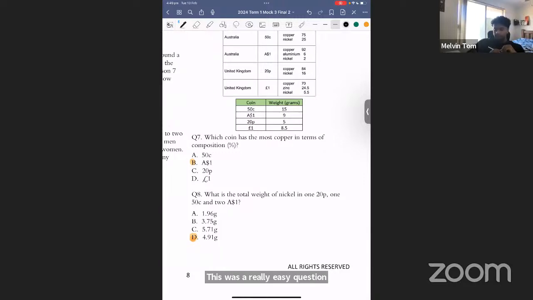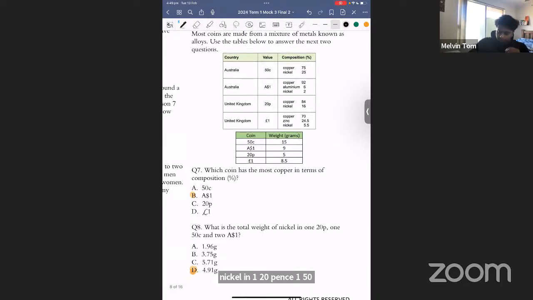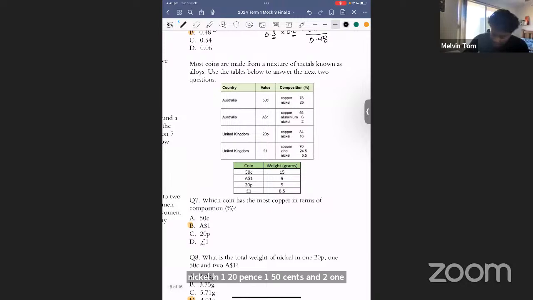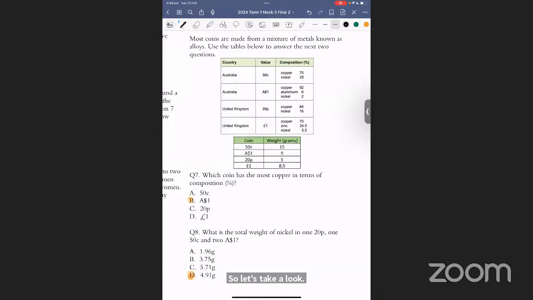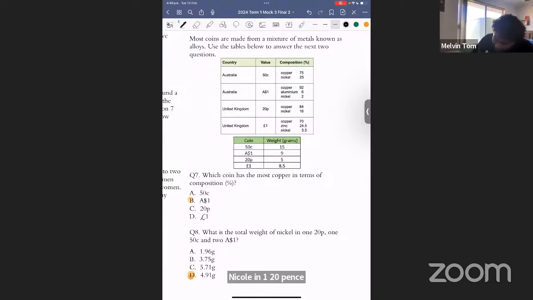And then question number 2. What is the total weight of nickel in 1 20 pence, 1 50 cents, and 2 1 Australian dollars? So let's take a look. In 20 pence, it is 16% nickel, and the 20 pence weighs 5 grams.